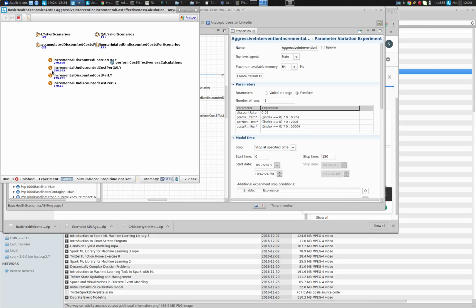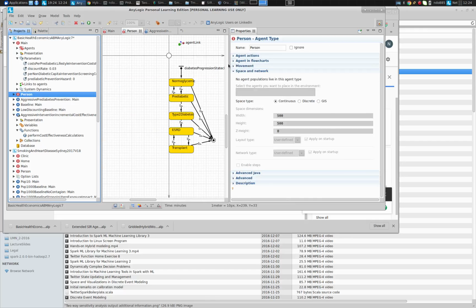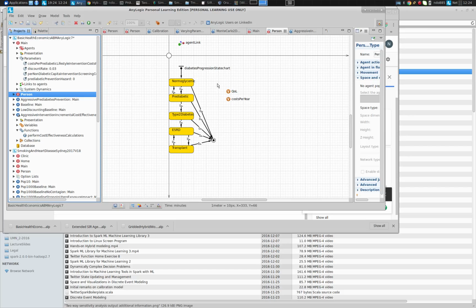So, ladies and gentlemen, a simple model with some health economic quantities associated with it. Big picture, it's not a big change from what we're doing in terms of the basic mechanics, but we need some way of keeping track of activity-based costing for an individual, typically.